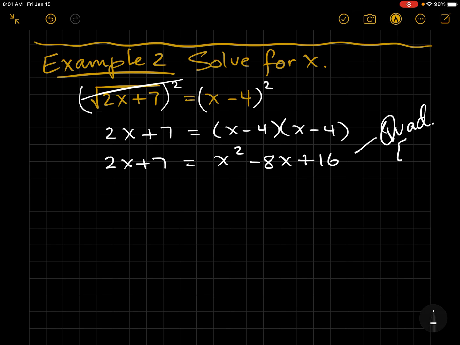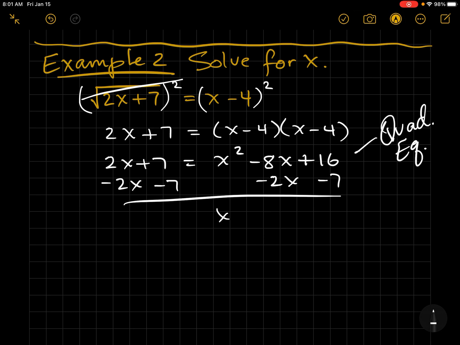And so we have to think back to our different techniques for solving a quadratic equation, meaning the highest exponent is 2. We want to put everything on one side. So we get x squared minus 10x plus 9 equals 0.